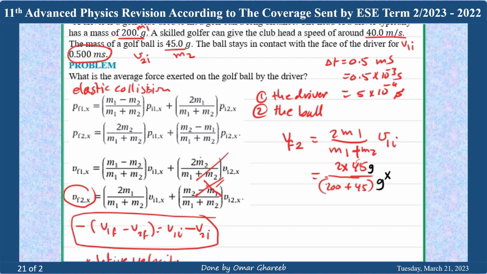Multiply by V1 initial, which is 40. Now make the multiplication: 2 times 45 times 40 over 245. V final 2 is 14.7.